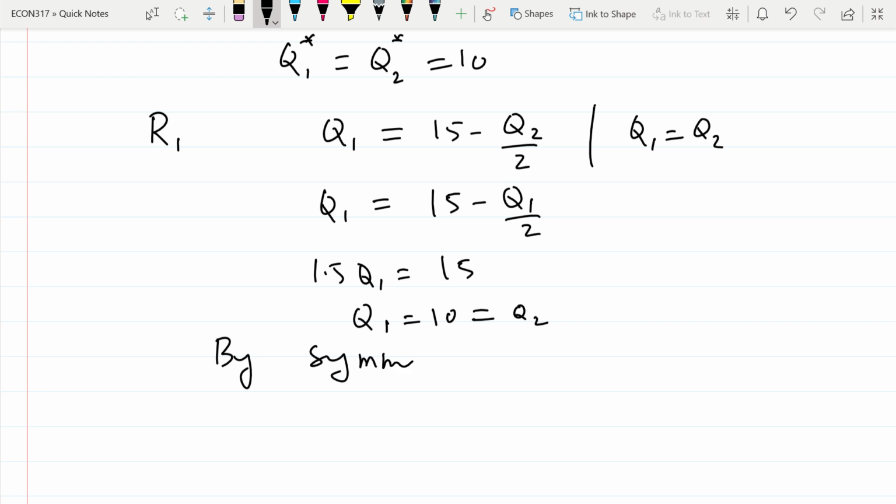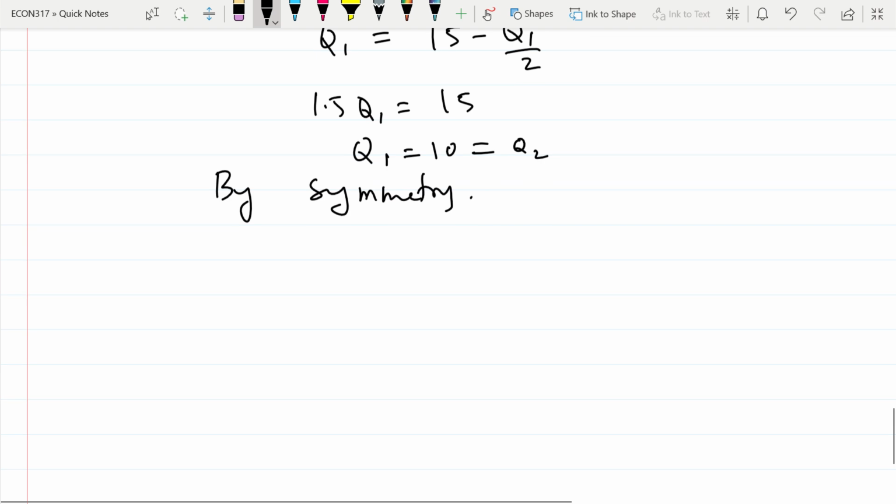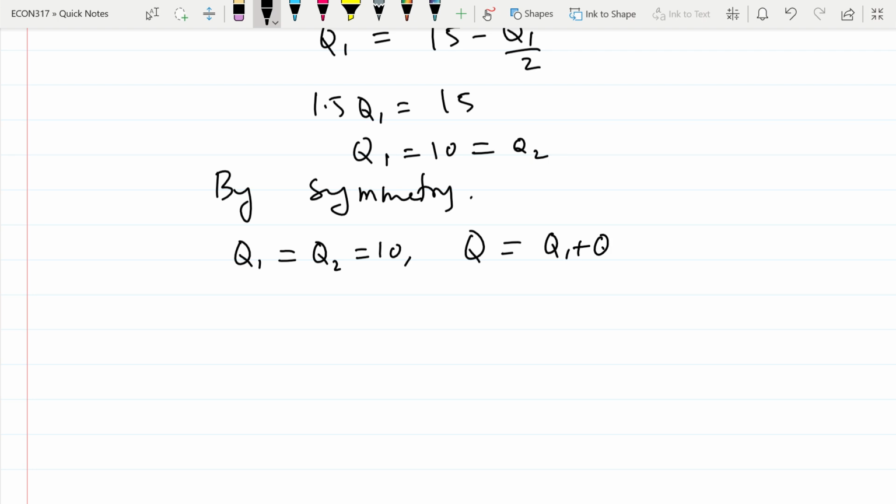We know the two firms have identical cost structure, same demand, they must have identical outcome. Now let's proceed. So I have Q1 equal to Q2 equal to 10, which means the aggregate quantity is Q1 plus Q2, 10 plus 10 turns out to be 20.